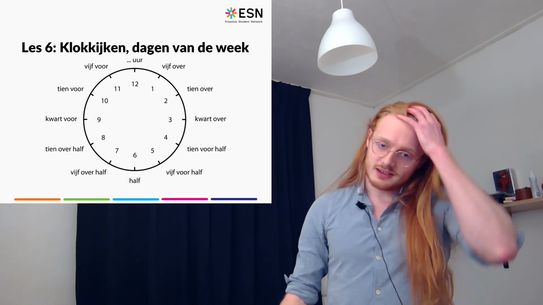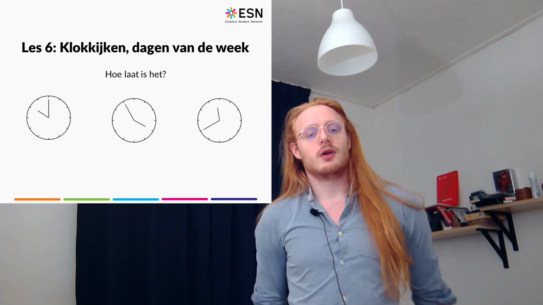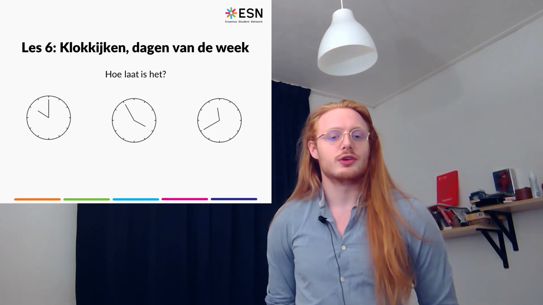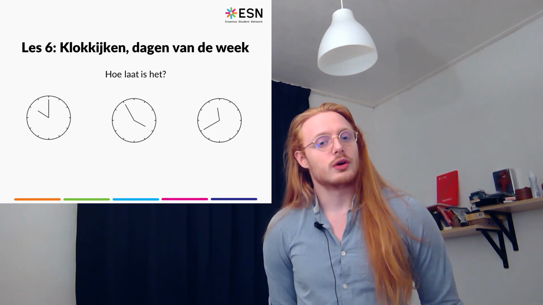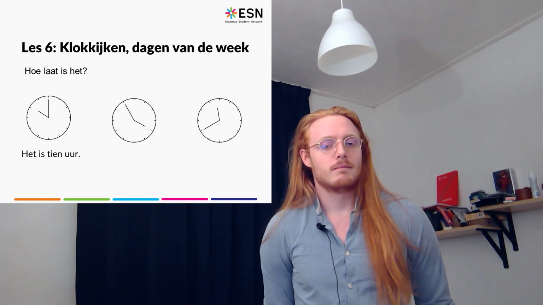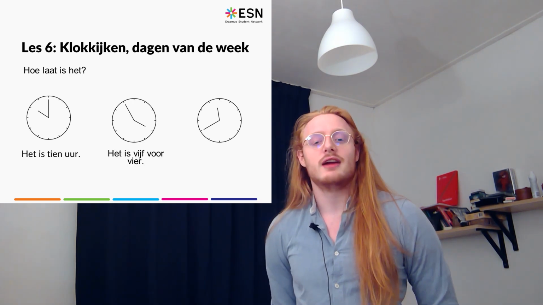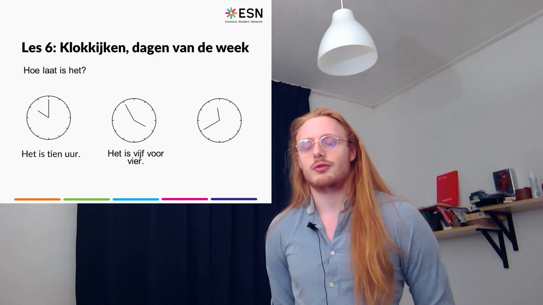So that is how you tell time. Here are some examples. Hoe laat is het? Well, the first one, okay, the big handle is on the 12, the small is on the 10, so it is 10 uur. The second one, the big handle is on the 11, the small handle is on the 4, so it is 5 voor 4, or it's almost on the 4.